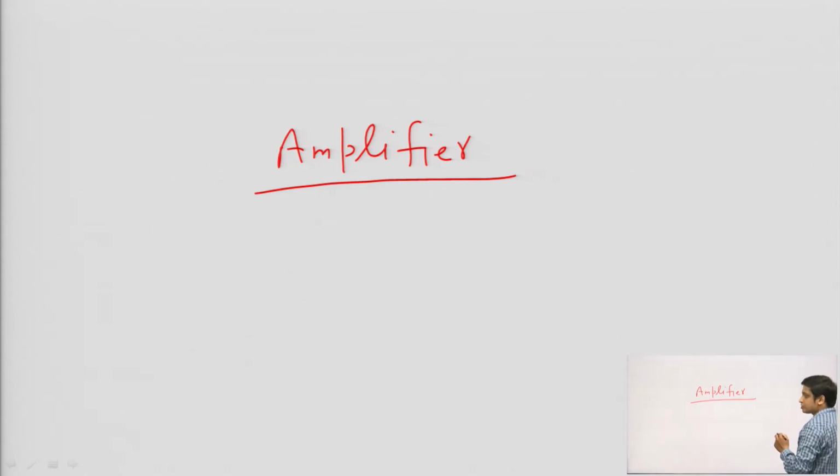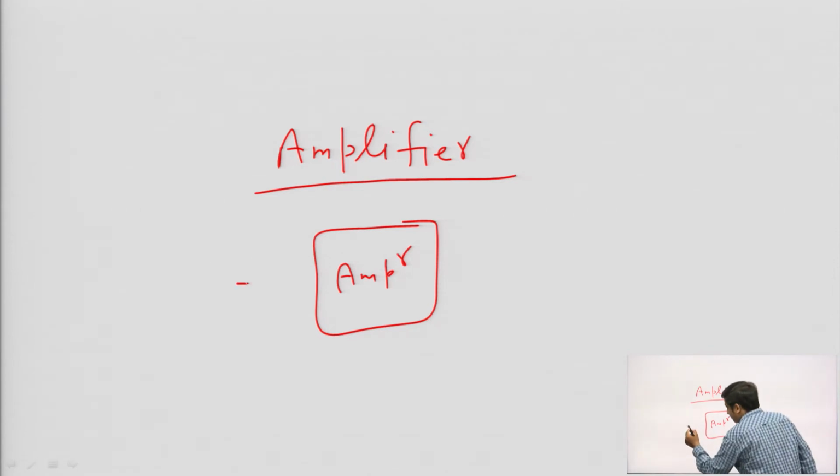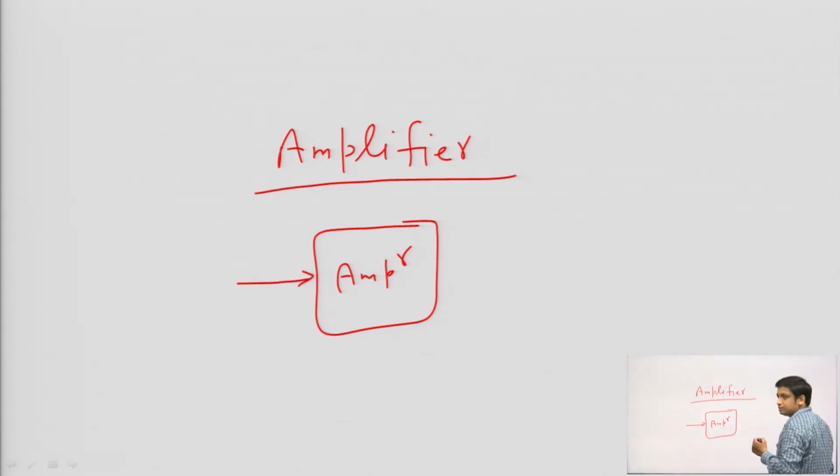This is your amplifier and we need to amplify the signal that is generated by sensors or transducers, and that signal is very small in magnitude. So, we need to amplify it because we need to process that small signal, and also we have to overcome the effect of noise.